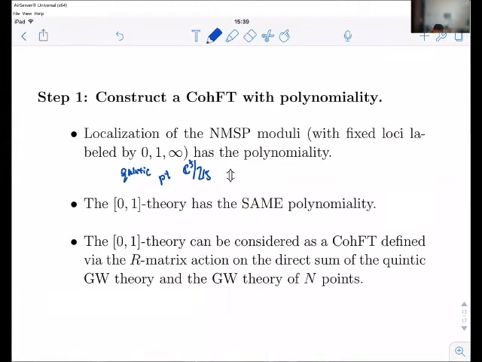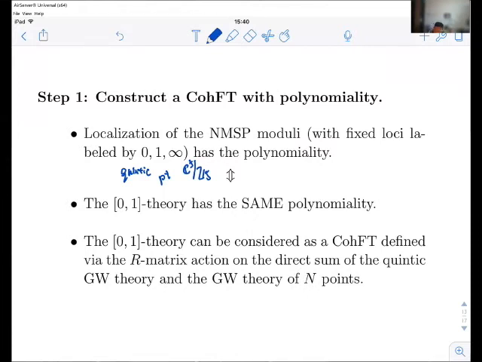So the first step is that we define some theory called the 0-1 theory, which is defined by summing the localization graphs only supported on the points labeled by 0 and 1. And then we found this 0-1 theory has exactly the same polynomiality as the total NMSP theory.